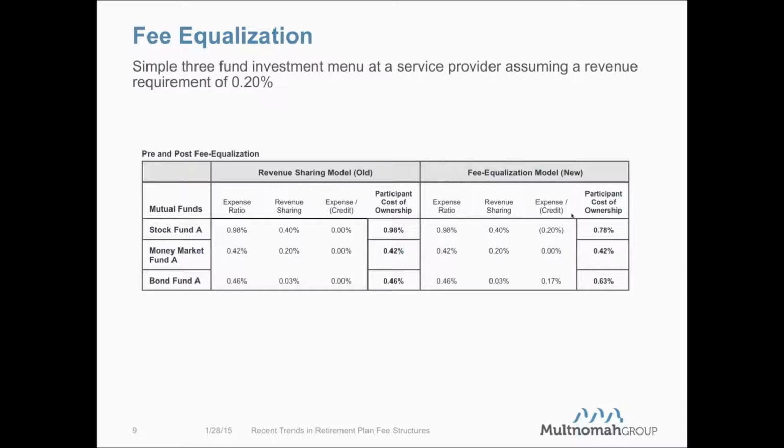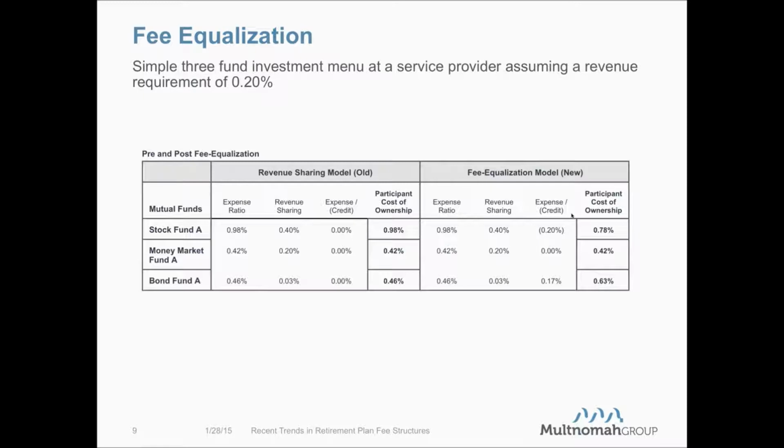revenue requirement. Under a fee equalization model, what we say is, well, everybody should be subsidizing or paying their fair share of that 0.20%. So in a fee equalization model, what ends up happening is the stock fund participant actually gets a credit. So their 0.4, they're getting additional credits to the tune of 0.20%.